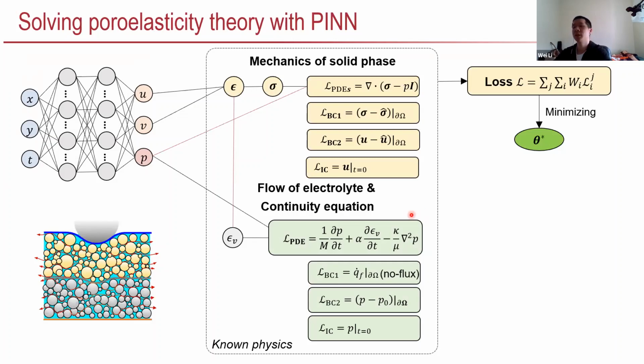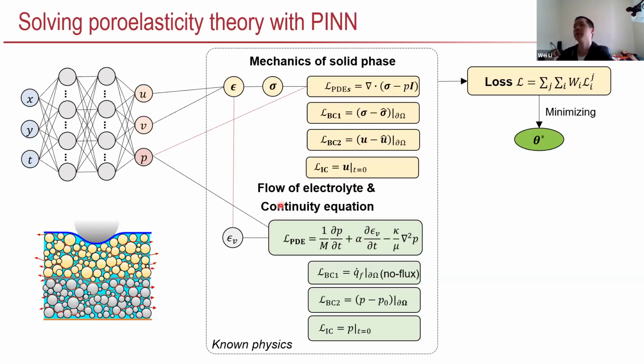So the same method can be applied to the poroelasticity theory I mentioned before, but in this case, it will be more complicated. The input will be time independent, and we will have a pressure field that comes from the fluid. The physics part will also include the mechanics of the solid phase, as mentioned before: the force equilibrium and the boundary conditions, together with the initial conditions.